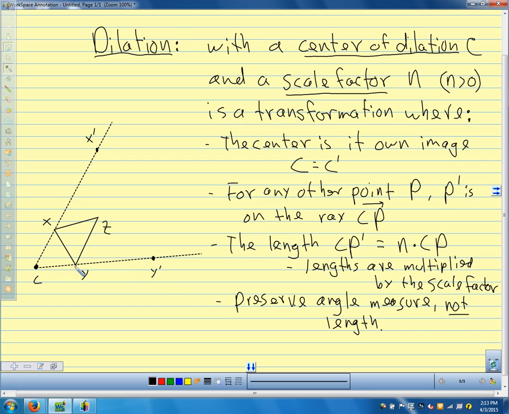So I did kind of one of those, 2 of those, 3 of those, approximately. And then we'll do one for Z. We'll do a ray through there. And there's 1, there's 2, and Z prime is approximately, I'm just doing it by eye here. So there would be my new triangle, in a dotted line.